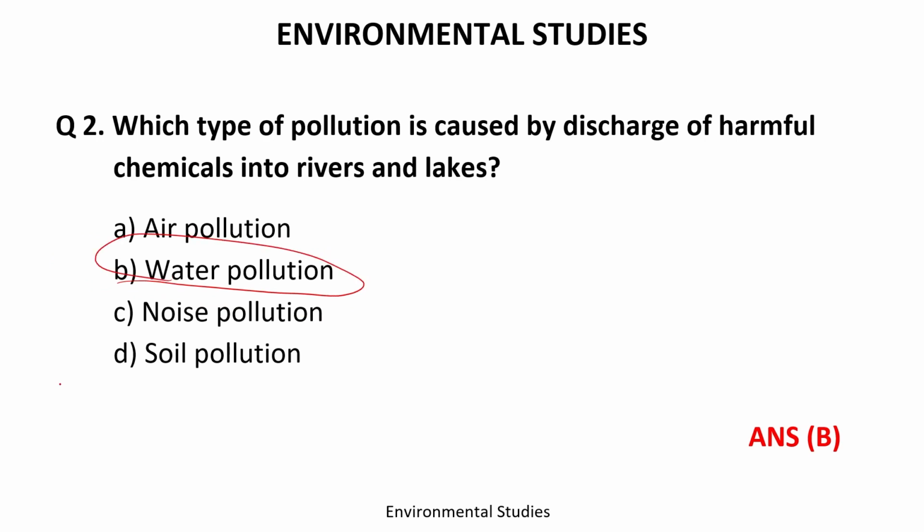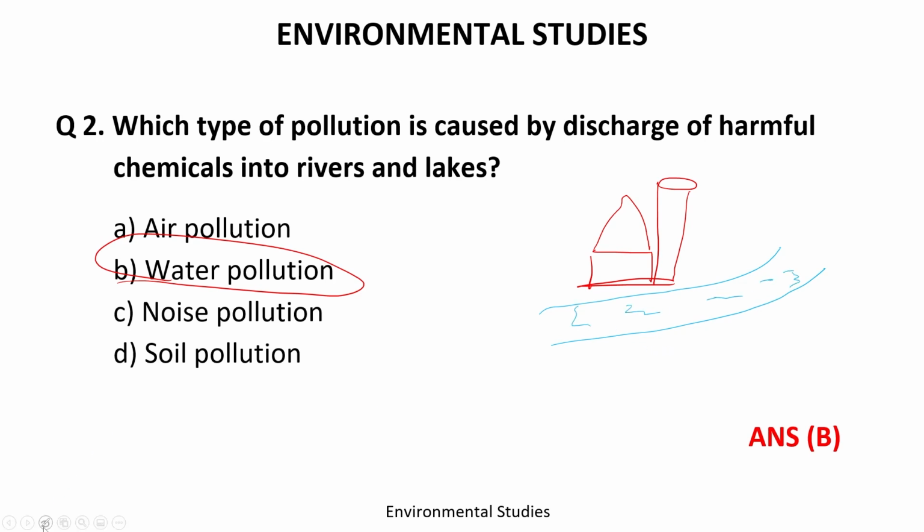B. Water pollution. So basically, if we discuss this in detail, let's suppose this is a factory, and this factory is situated near a water channel or a water body. Now, what will happen? Generally, this type of factory dumps its waste into the water body, and this waste flows with the flow of the water.